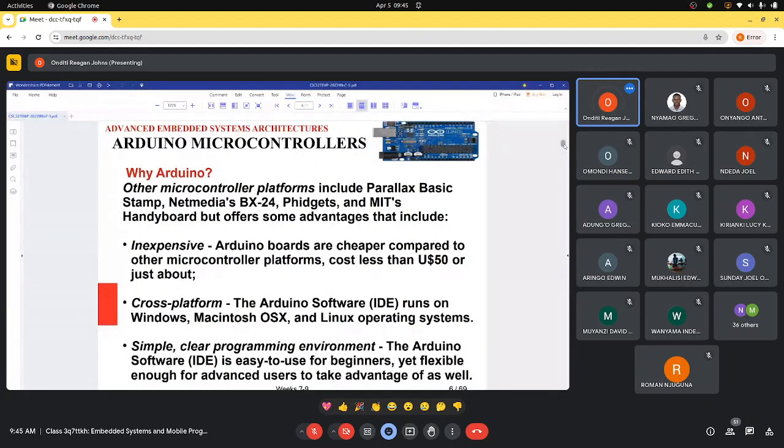You'll find that Arduinos are not expensive. If you check the cost of Parallax, they are very expensive. What I know is BX24s are not very expensive. I've never checked the Phidgets, but what I know is that the BX24s are becoming cheaper of late.